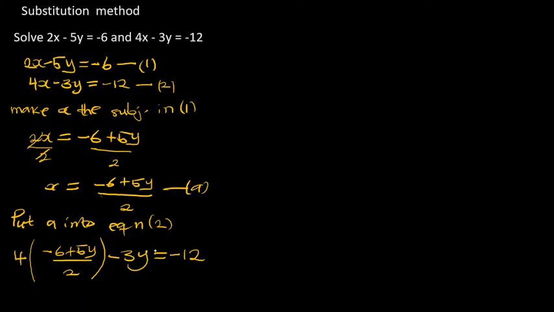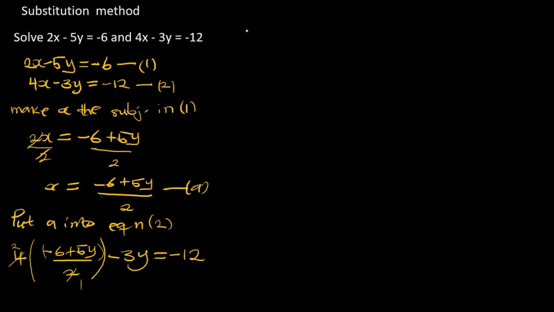Alright, now let's expand this. Let's open up this bracket. Because we have this in a bracket, we are going to multiply. Our 2 will go into itself once and go into the 4 two times.